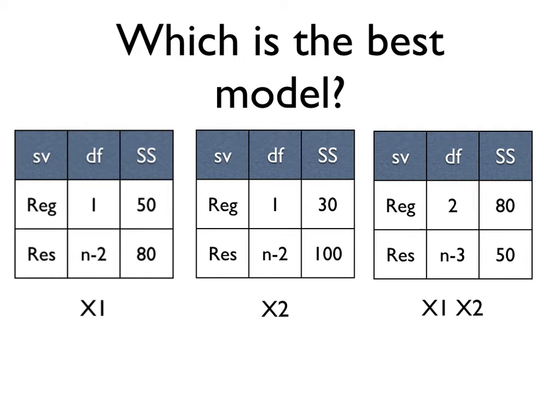Say they would overlap though? Because the regression in X1 is greater than the regression in X2. Yeah, it just could be there's more overlap with X1 and Y than X2.